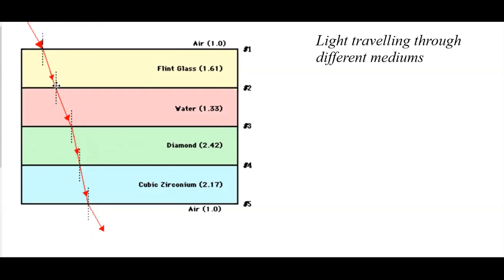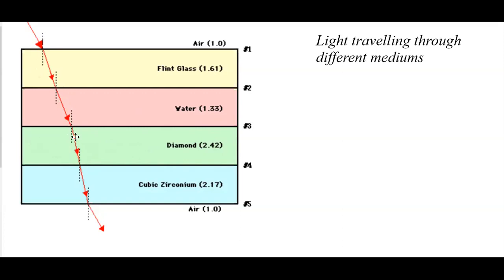If you notice, the angle here is a little bit smaller than the angle here, but not by much, because it's not a great difference. It's only 0.3 as far as our index of refraction value is concerned. Versus diamond, which has one of the largest index of refraction values, so it really slows down when it gets into diamond.